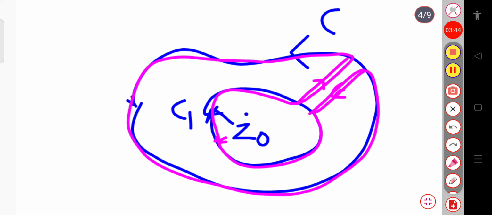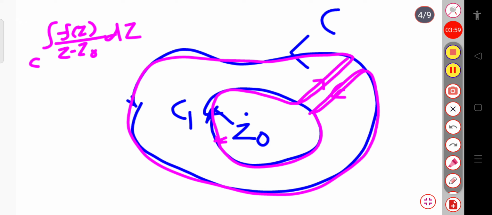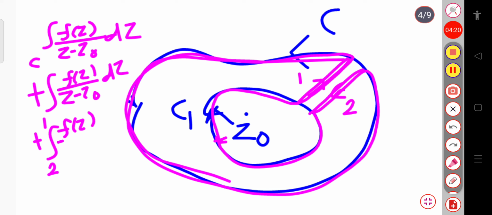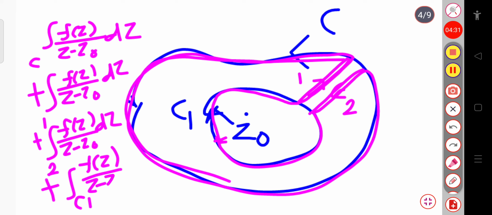If I write the integration for this, I have to integrate f of z divided by z minus z naught dz, first over the total contour C, then plus over the first path, f of z divided by z minus z naught dz, plus over the second path, f of z divided by z minus z naught dz, and the last one, the integration over C1 of f of z divided by z minus z naught dz, will be equal to 0 according to Cauchy's integral theorem.